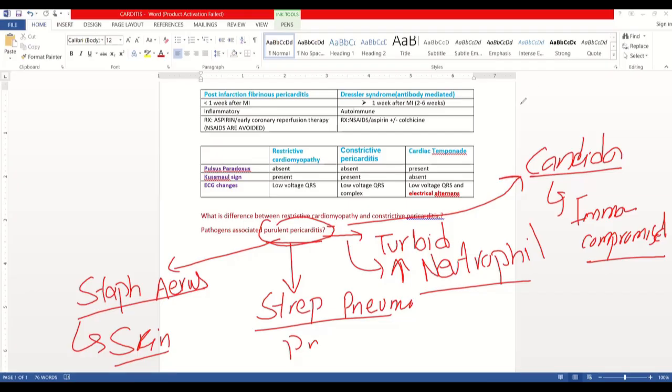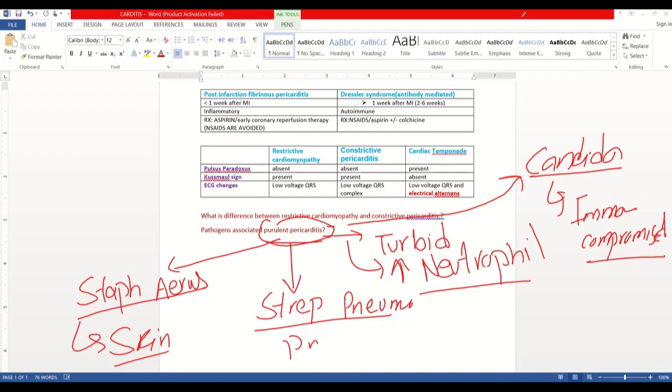Okay. So why do we avoid NSAIDs in post-MI fibrinous pericarditis? NSAIDs increase the risk of free wall rupture, right? That's why NSAIDs are avoided in the first 7 days after myocardial infarction.